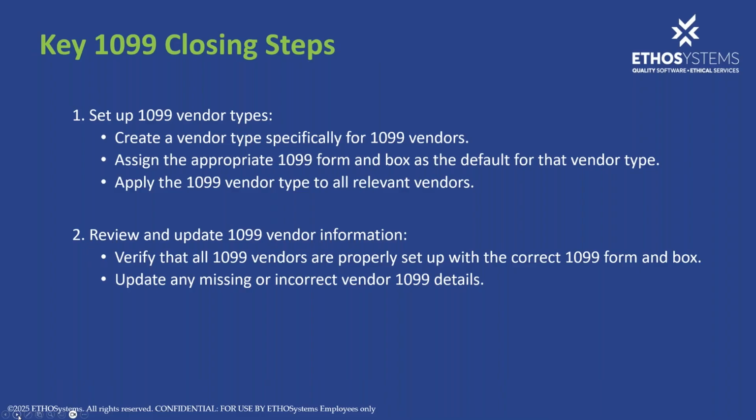In the system, there are all these types, and these types are identifying records in Sage Intacct. The type typically ties to something very important, like reporting and things like that. In this case, we need to have a vendor type of 1099 set up in the system. And then you assign the appropriate 1099 form and box as the default type for that vendor.